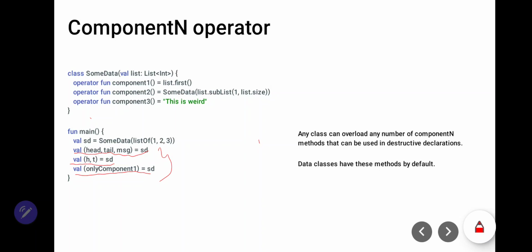Why do we say this is 3, 2 or 1? Because inside this there are 3 variables: head, tail, and MSG. And why is this 2 variables? Because there are just 2 variables, h and t, and this is only component 1, so we say this is just 1 variable.